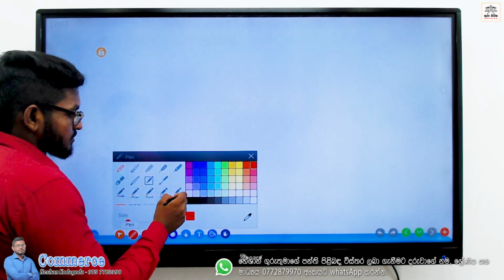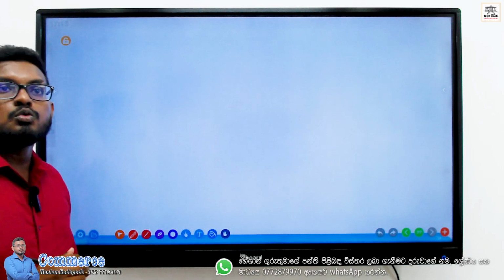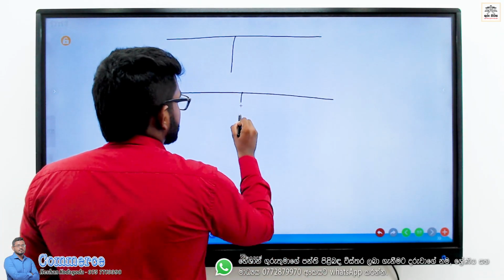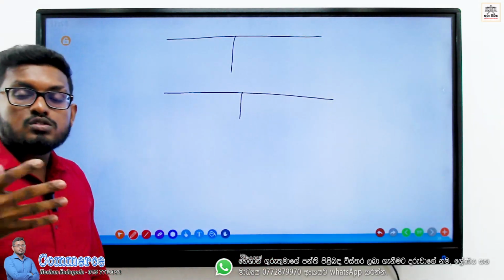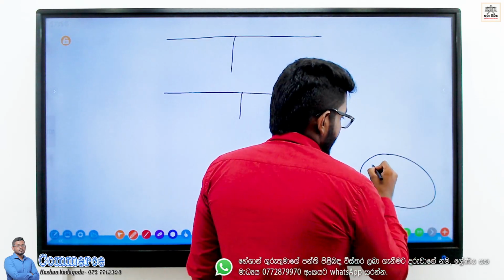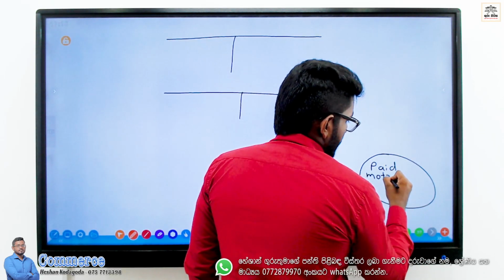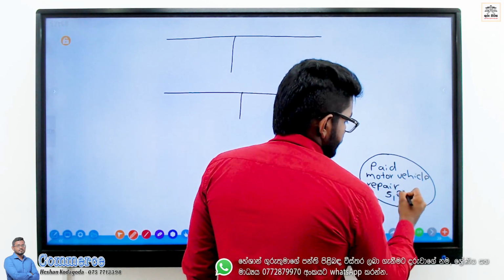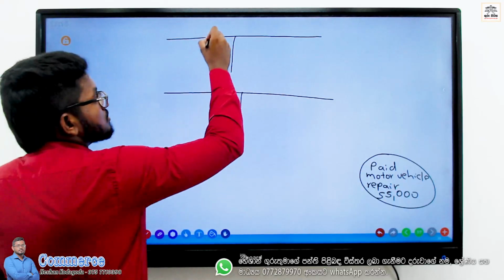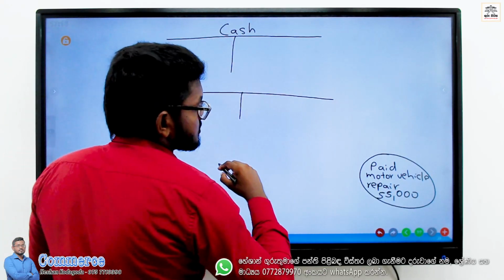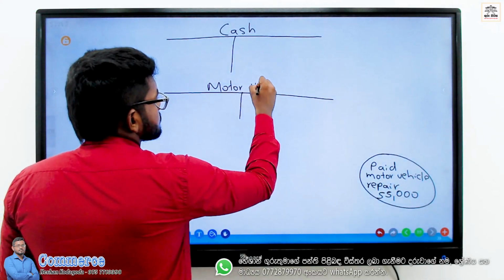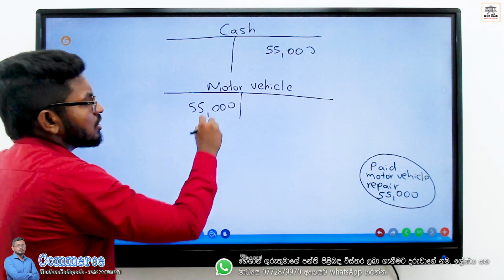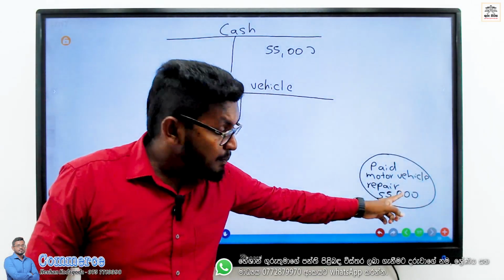Let's take another example. Suppose Bhutmi's accounts are like this by mistake: paid motor vehicle repair 55,000. Bhutmi credited the cash book and debited the motor vehicle account 55,000. Is it correct? No. Motor vehicle is an asset account, but motor vehicle repair is an expense.